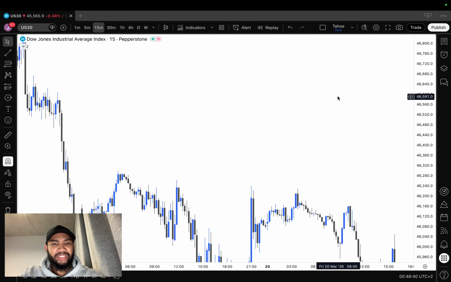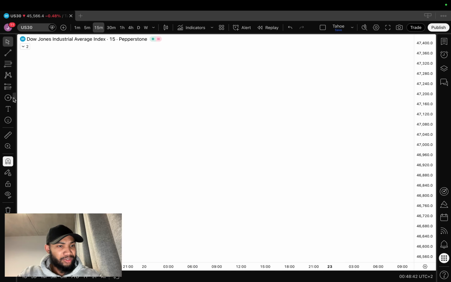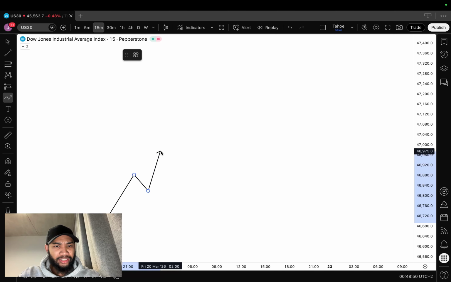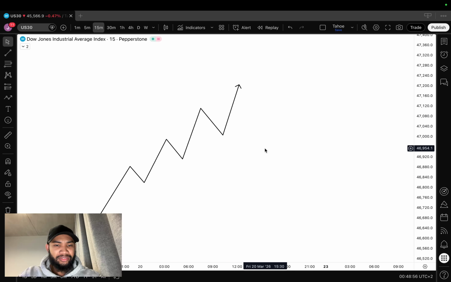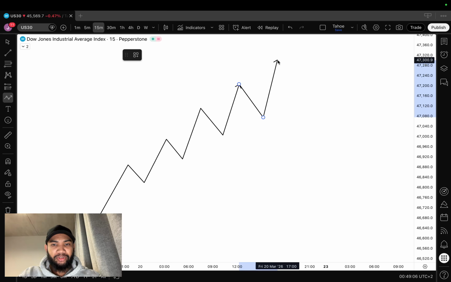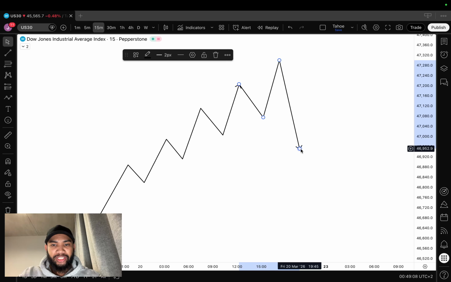And we all understand the most famous one is, of course, the change of character. So let's say, for instance, we have a market that is trending to the upside. When this market decides to change, or shift, we then see the market do one more structure push to the upside, grab the high, and push to the downside.